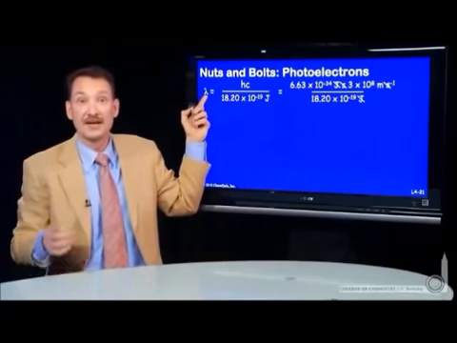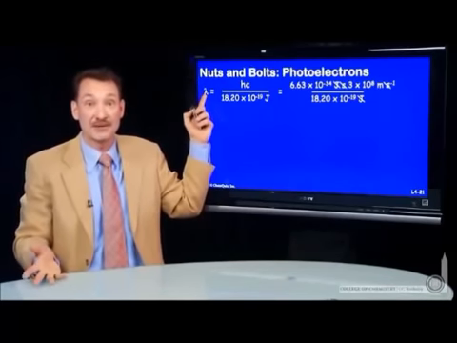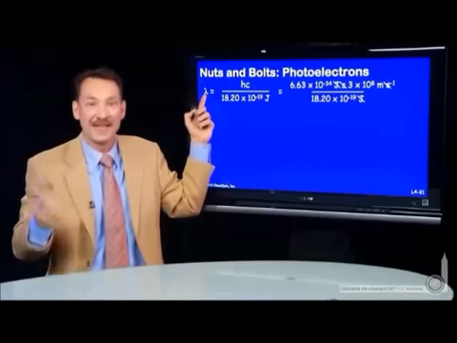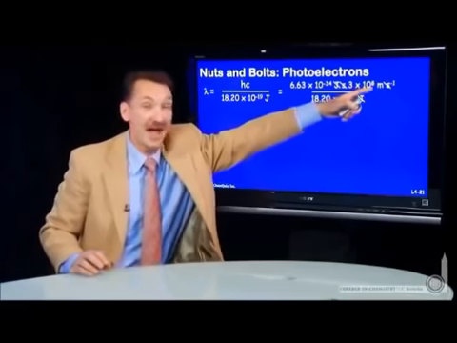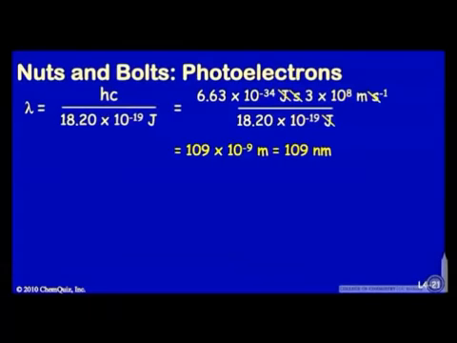It's always good to check. Do the units that we have left make sense for the quantity that we're solving for? We're solving for a wavelength, a length. Do I have meters? In this case, I do. So I have, doing the math, 109 times 10 to the minus 9th meters.